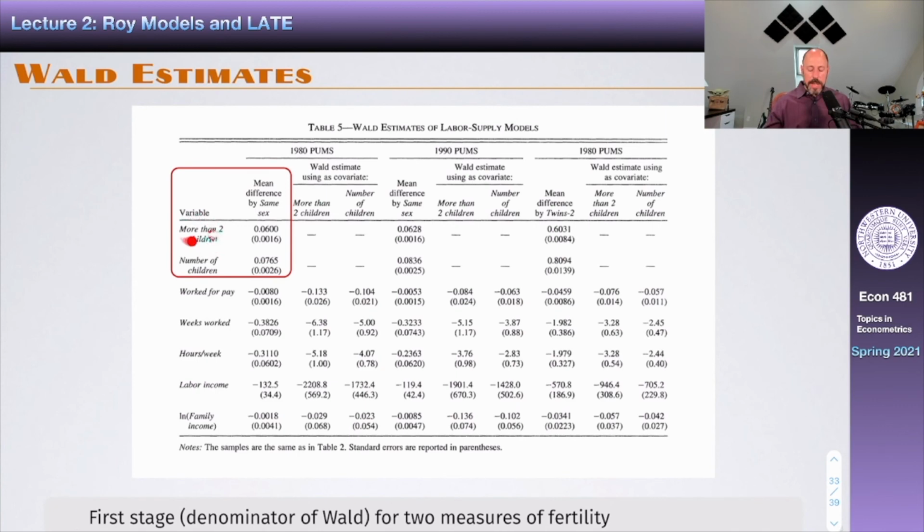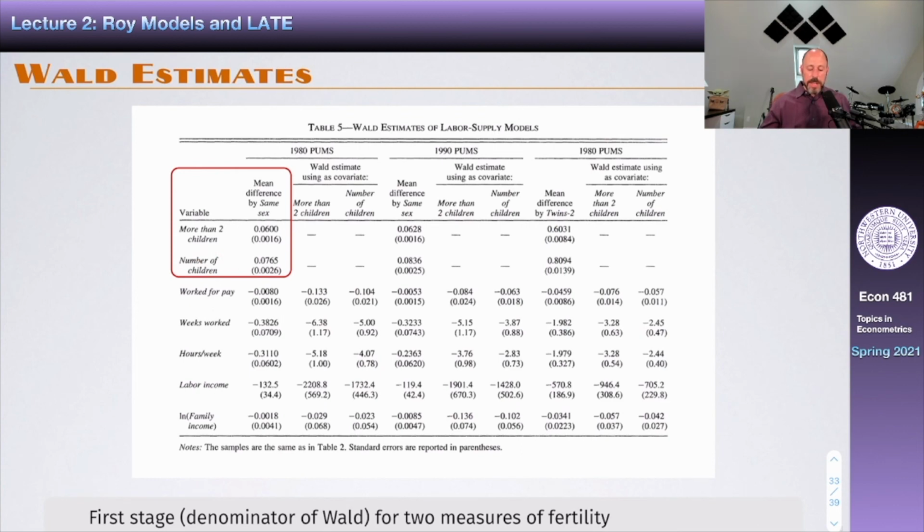And then there's another one that is just the number of children. Wait, no, I said it wrong. These are the D's, okay? More than 2 children is the D. Remember, D is 1 if you have more than 2 children, and 0 otherwise. And the other one is a discrete D, which is the number of children.